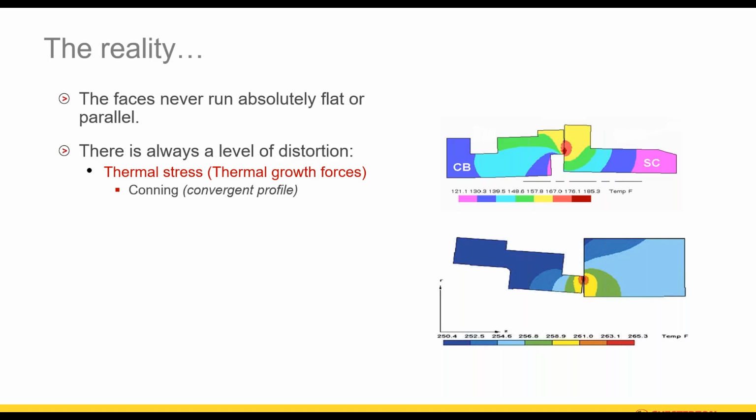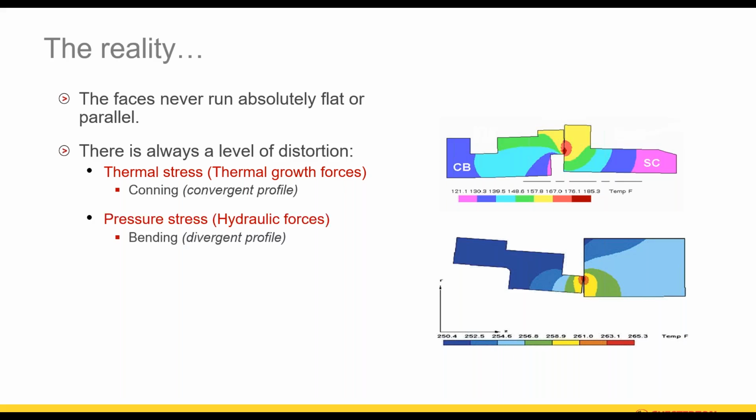There are lots of sources of distortion. First of all, there's thermal distortion. A lot of our processes are very hot, so you've got thermal loading there. Because of the dynamic nature of the seal, there is also a temperature buildup within the sealing interface. That all causes differences in thermal growth, which causes bending or coning. You'll hear the term used.